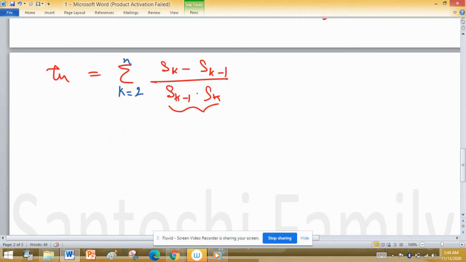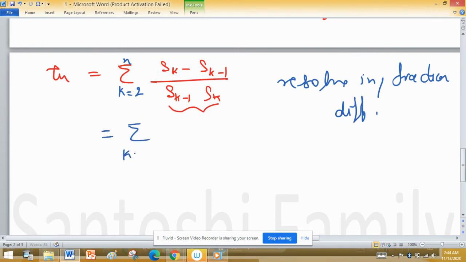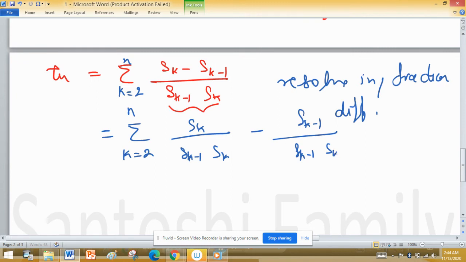So it will be resolved into a difference of fractions. So it will be summation k running from 2 to n of sk divided by sk minus 1 sk minus sk minus 1 divided by sk minus 1 sk.